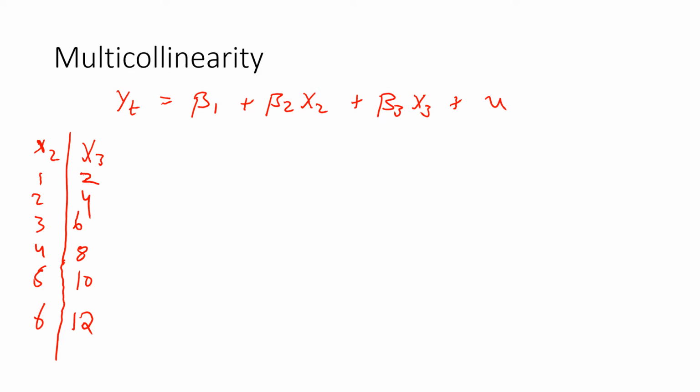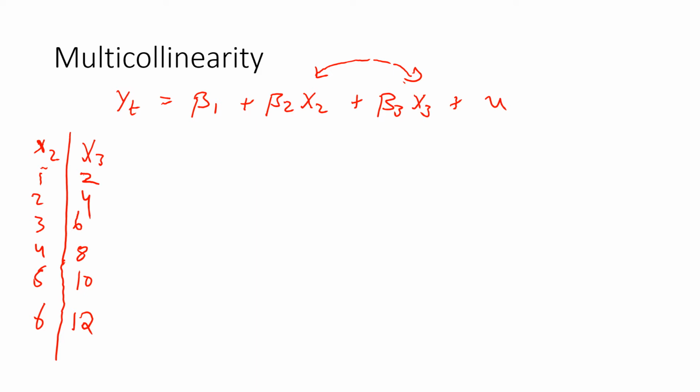Now the model may have multicollinearity if x2 and x3 are related, and we can see from the values that x3 is actually equal to 2 multiplied by x2.